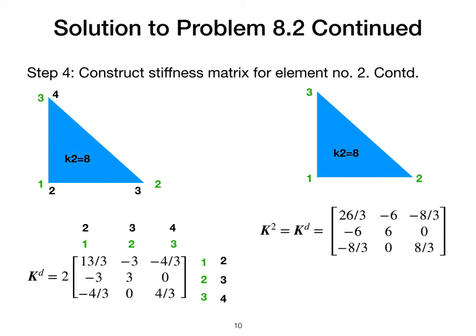So finally we know now that the stiffness matrix for element 2 is K2 equal to a matrix containing 26 over 3, minus 6, minus 8 over 3; minus 6, 6, 0; minus 8 over 3, 0, 8 over 3.